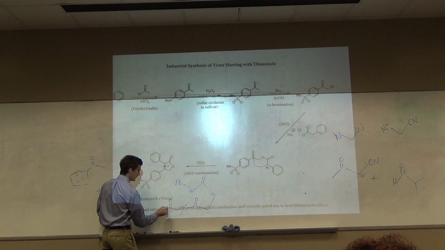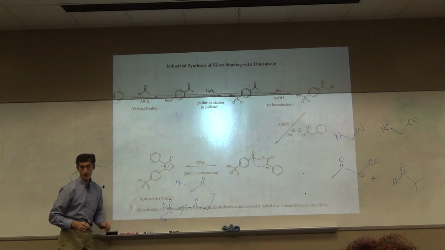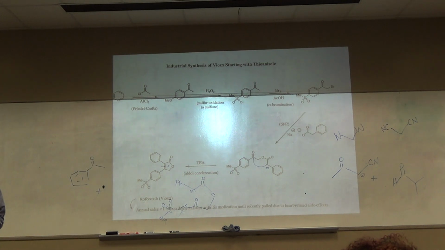What's the name of this functional group here? Sulfone. If it was just sulfur, it'd be a sulfide or a thioether. One oxygen is called a sulfoxide. 2 oxygens is called a sulfone.